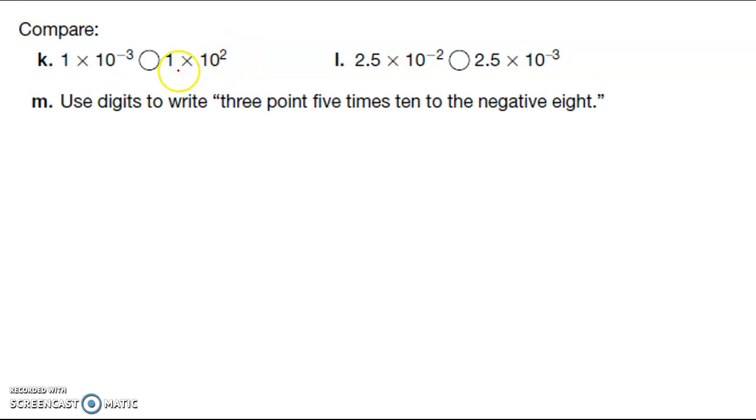So this is going to be 100 and this is 0.001, so obviously this is going to be larger. Then here I have to the negative 2 and here to the negative 3. This goes 1, 2, giving 0.025, and this goes 1, 2, 3. So that's going to be larger.